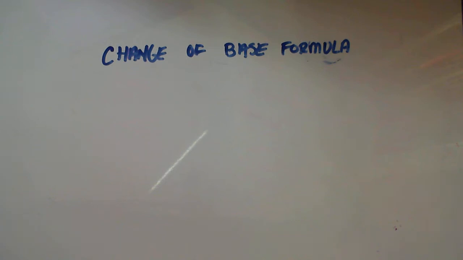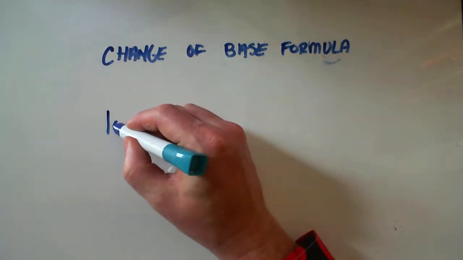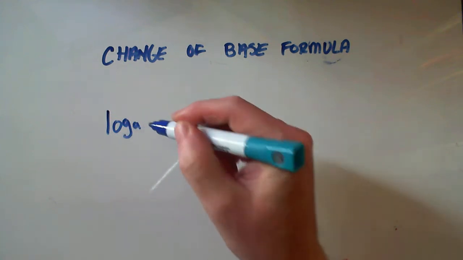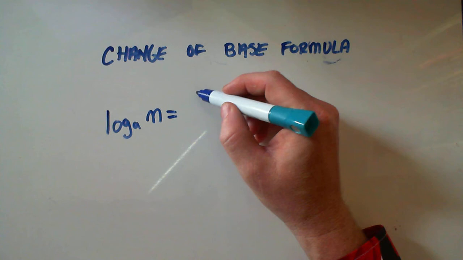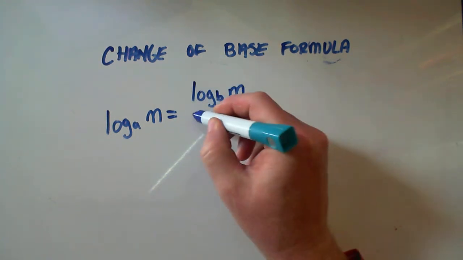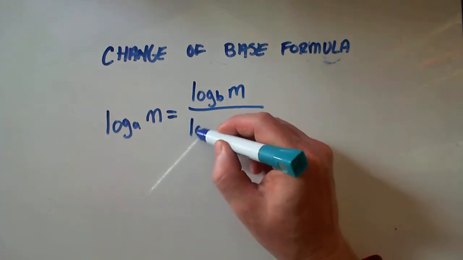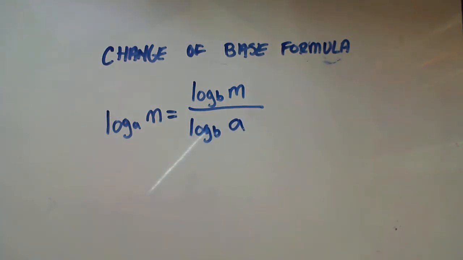But there is a formula called the change of base formula that tells us that log base a of m equals log base b of m divided by log base b of a.